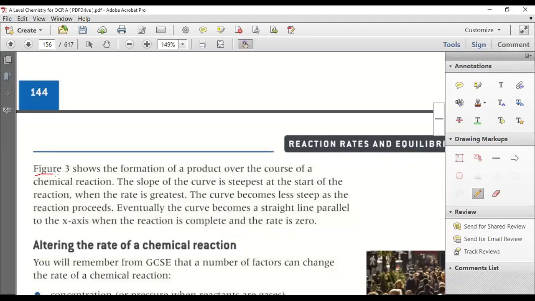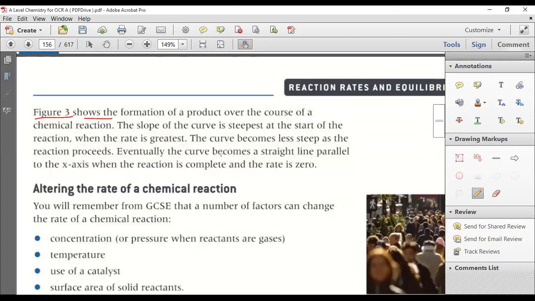Now if you see figure 3, it shows the formation of product over the course of a chemical reaction. This graph is for the product, showing how the product is formed during a chemical reaction. The slope of the curve is the steepest at the start of the reaction when the rate is greatest.